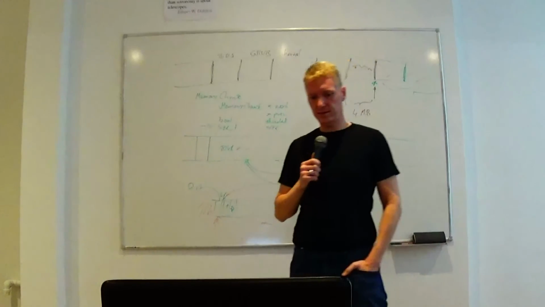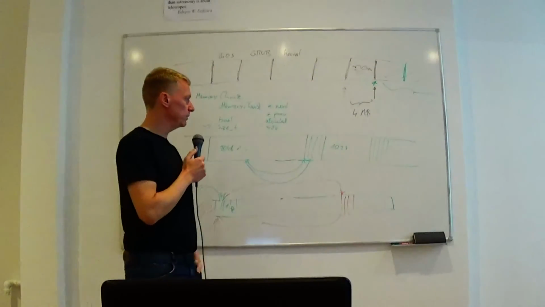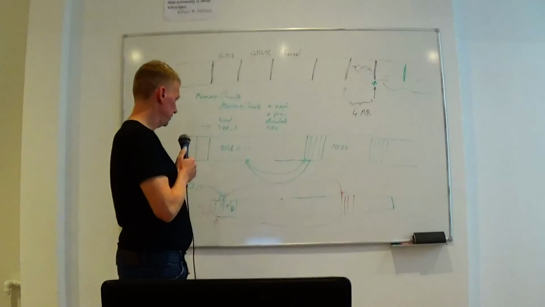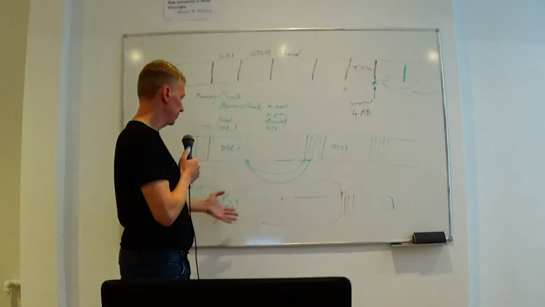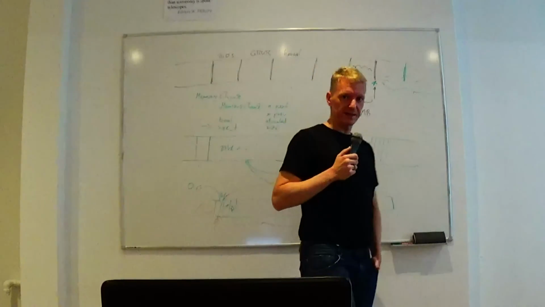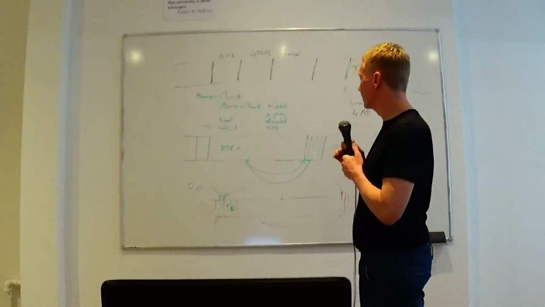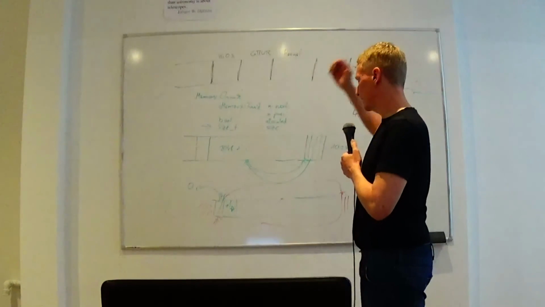So this is all we need to do for the memory management. As I've said, it's not really fast, but it does the job and it's a starting point. I think you can come up with better ideas.